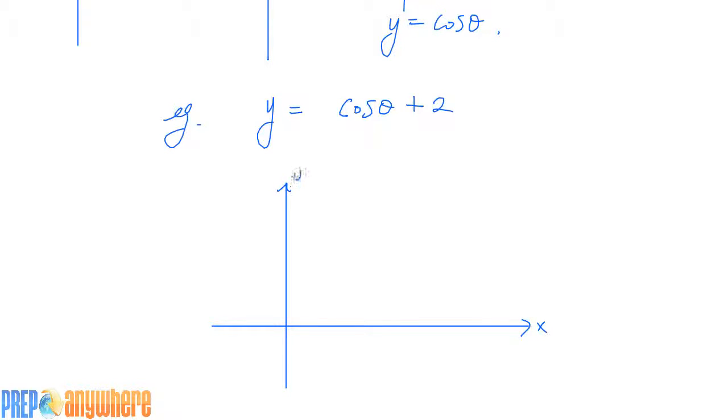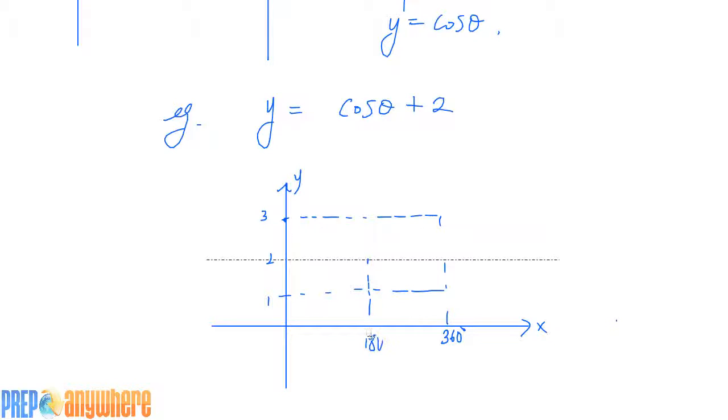At x, y, 0, 3. So it's going to start up here at 3. This is 360 still. At 180, it's going to be down here at 1. So it's like a U, right?